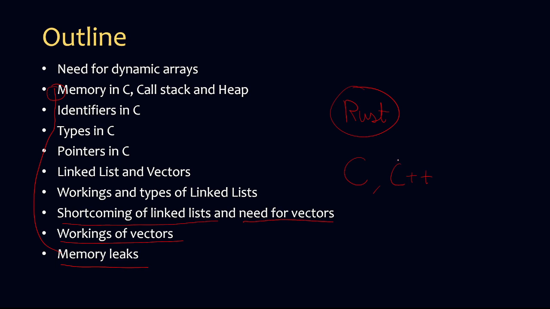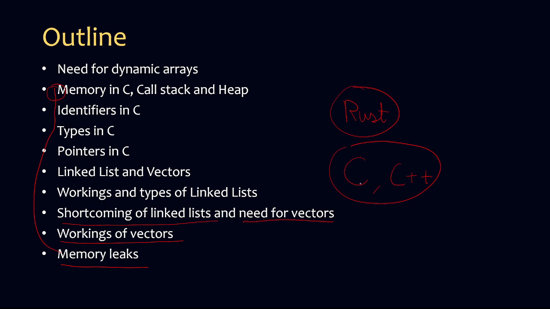And as you might know, if you're doing something manually, there are big chances of messing up. So memory leaks can happen because C and C++ require manual memory management. Memory leaks basically mean that memory is being allocated even though there's no need for it.